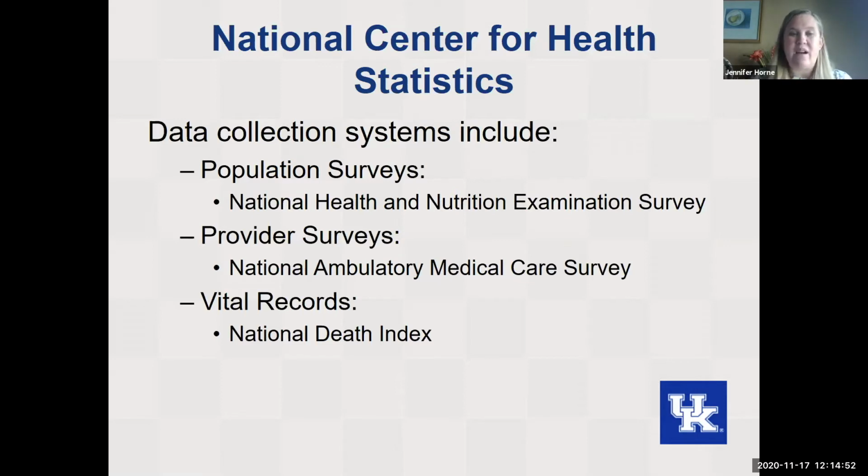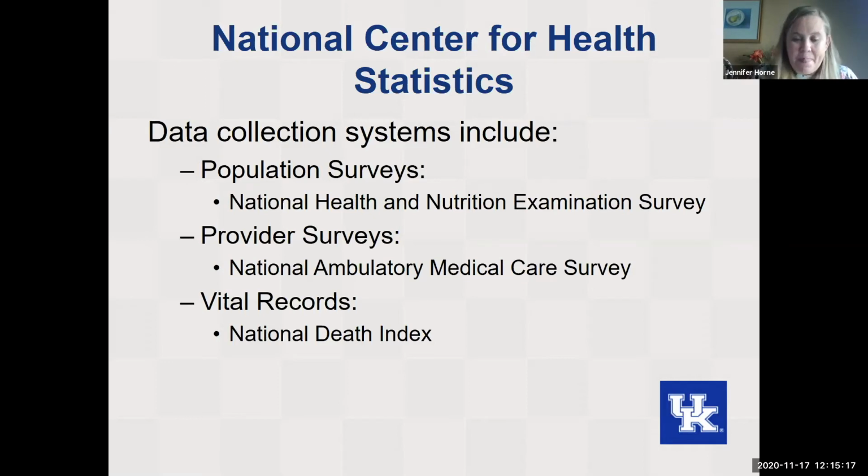Their primary data collection systems include population surveys, an example of that is the National Health and Nutrition Examination Survey. They do provider surveys of medical facilities and doctors, so you've got things like the National Ambulatory Medical Care Survey. And then they do vital records, so you've got things like the National Death Index and birth registries, cause of death.